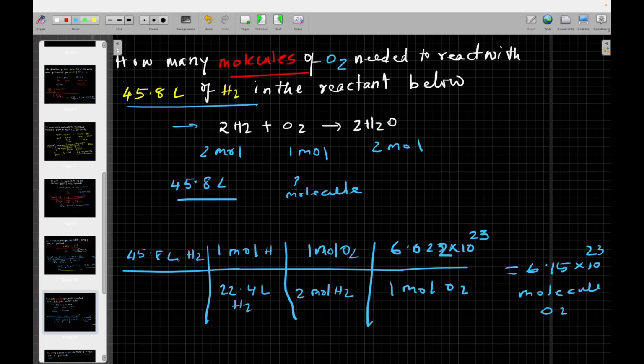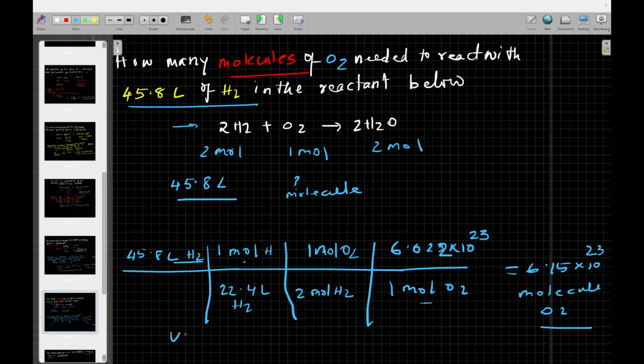We converted the volume information to mole information, then used the mole ratio information from the chemical equation, and then converted the mole information of the desired substance to the molecule number using the Avogadro number, so we can easily calculate the number of oxygen molecules involved in the reaction.